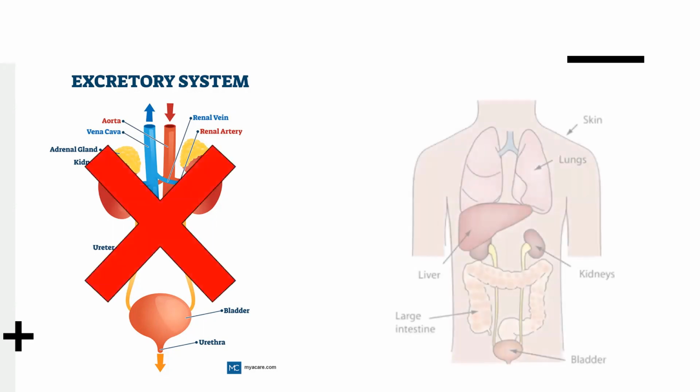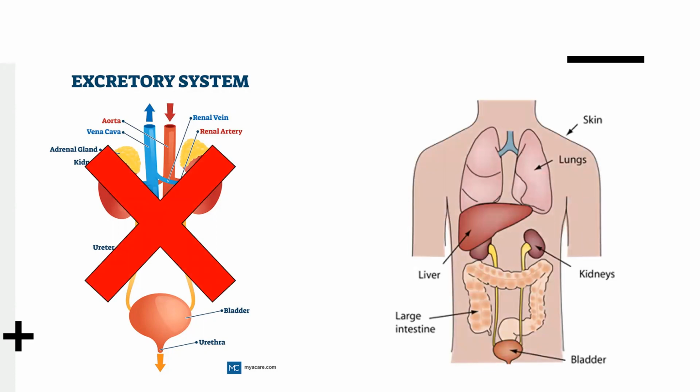So the truth is that there are various other organs involved in excretion, including our skin, which is the first site where you have sweat and other solutions that gradually diffuse and in some cases leave through the pores of the skin.